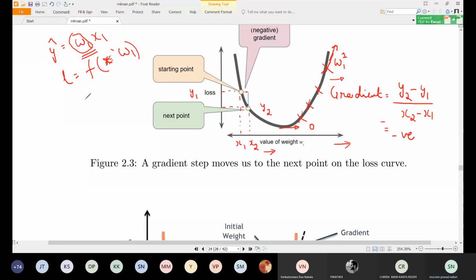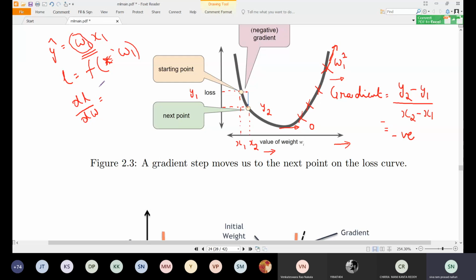So what we do is we differentiate this loss function, dL by dW, with respect to weight. Here, what is the y value? Loss. What is the x value? Weight. So what did we say the gradient is? Change in y value by change in x value. In other words, change in loss, dL by dW, change in loss for a change in weight.